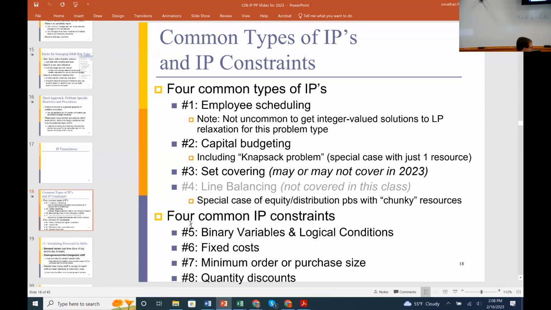We call them set covering problems because we are trying to cover the needs of customers or citizens who live in different places, and the constraints come from those customers. There are several different flavors. The one that we did: what's the least costly way of covering everybody?